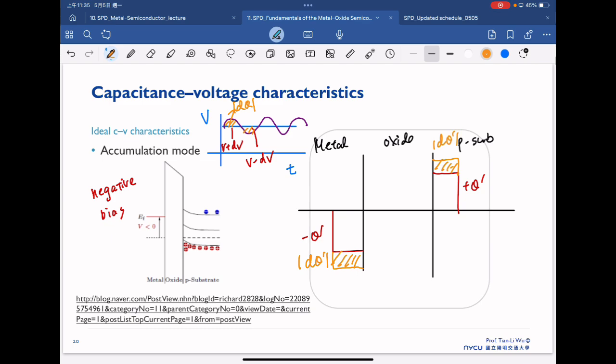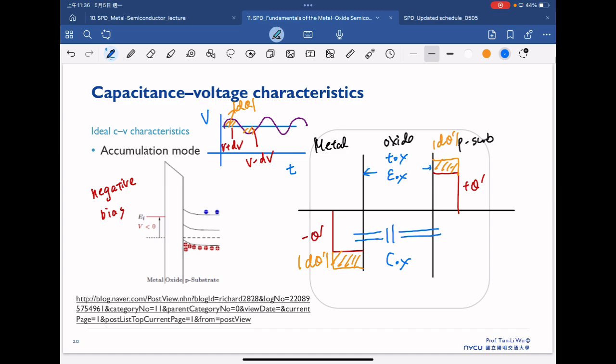Therefore, with this dq prime and this dq prime, in the end we form the capacitance in between, which is exactly equal to our oxide capacitance, because this is the oxide thickness and this is the oxide dielectric constant, epsilon zero epsilon x.